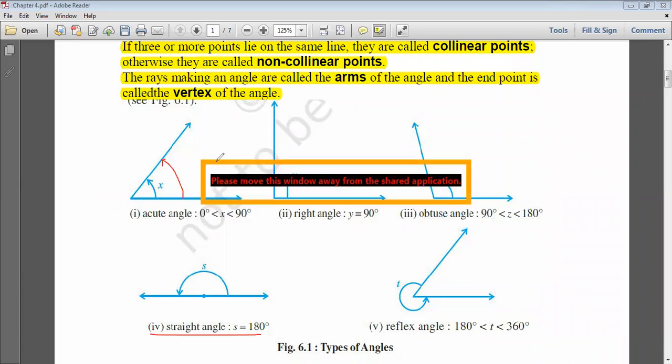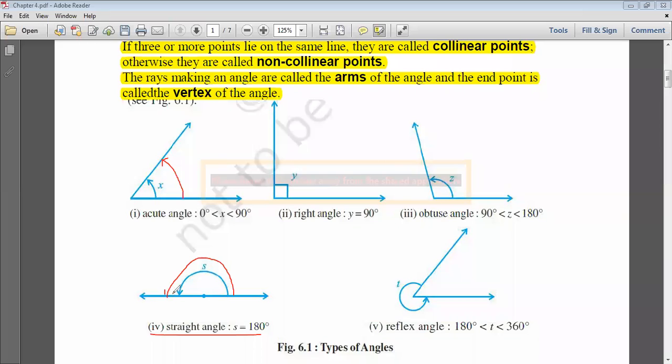Clear? Here also, in a straight angle, we are moving like this. We start from here and then we reach here. In case of an obtuse angle also we are moving like this.